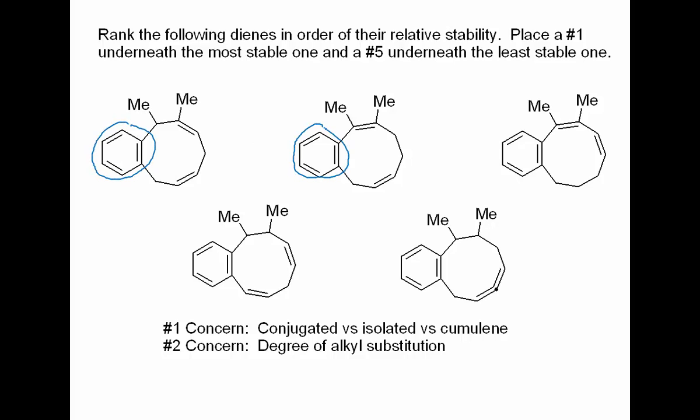Okay, so this is really conjugated, but it's the same degree of conjugation in all of the systems, so we can't use that all by itself to rank the relative stability of these compounds, but we can rank them with regard to whether they're conjugated to the benzene ring or not.